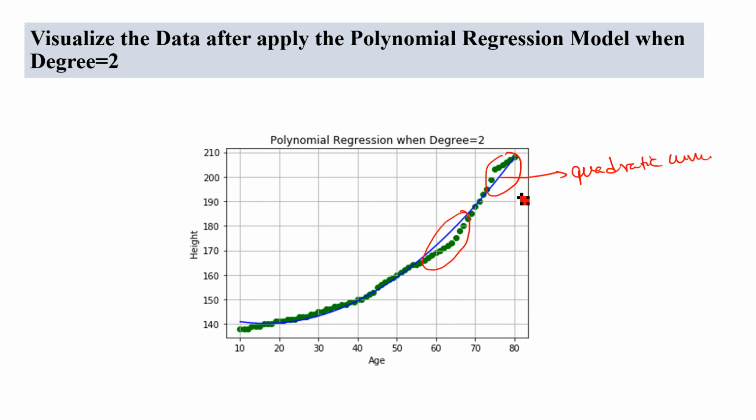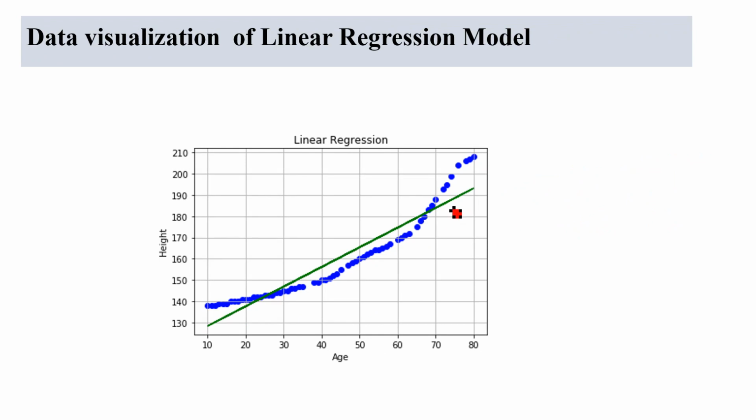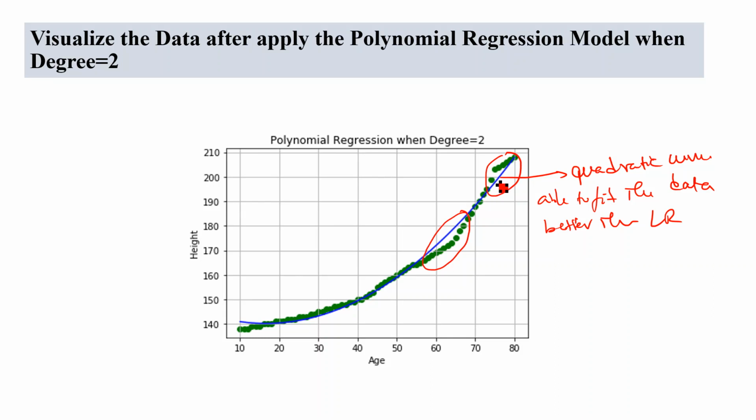This curve can fit the data better than linear regression; this is the linear regression. So this curve is the quadratic curve, y is equal to b plus m1 x1 plus m2 x1 square, which means the degree is equal to 2.